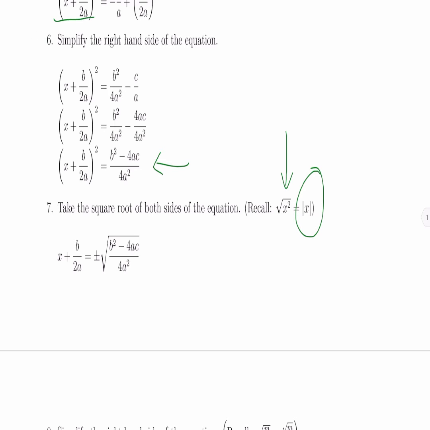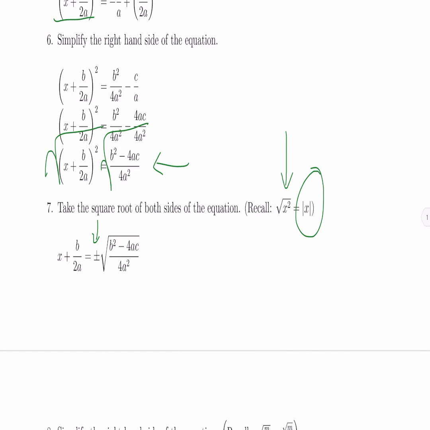And because of that, I have to account for that domain restriction. Essentially what I did between step 6 and 7 was take the square root of both sides. So to account for that, you have to add this little plus or minus symbol. That's just accounting for the fact that you get the absolute value of x when you do those operations one after the other, and not x itself.